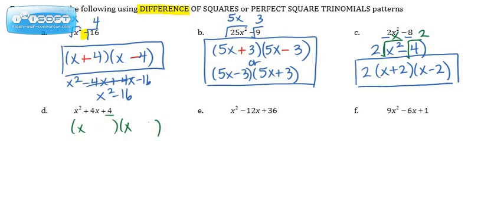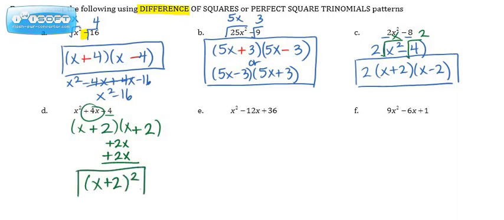So we're going to erase these, and then we're going to try 2 and 2. So multiply your insides, multiply your outsides. Is there any way I can get a positive 4? Yes, so I can put a plus and a plus. So this factors to x plus 2 times x plus 2, and if you prefer, we can write x plus 2 squared to be fancy.